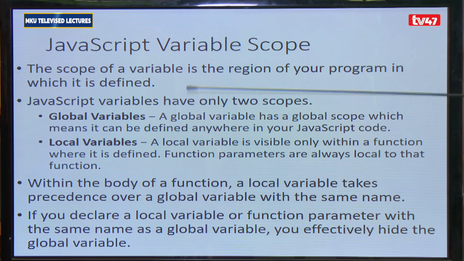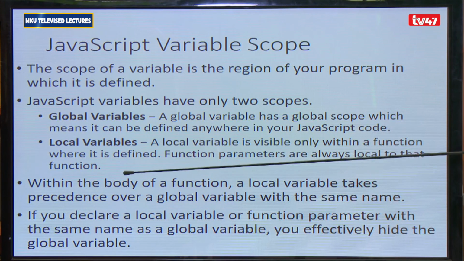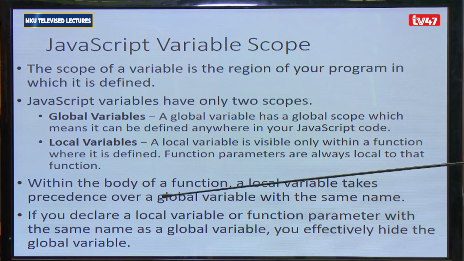Global will make that variable available throughout the program, but a local variable will only be available within the block where it's defined, in that case, within that function. Now, our function parameters are always local to a function, so it's good to note that. Now, within the body of a function, a local variable usually has a higher precedence over a global variable.